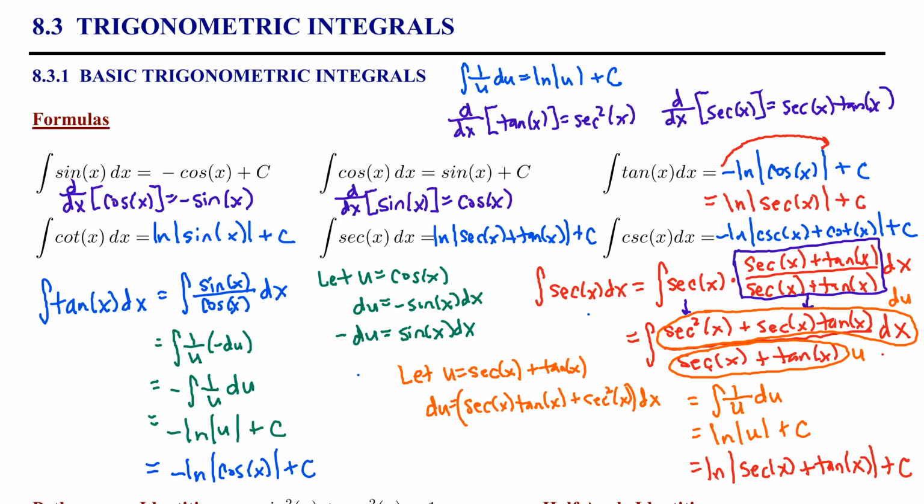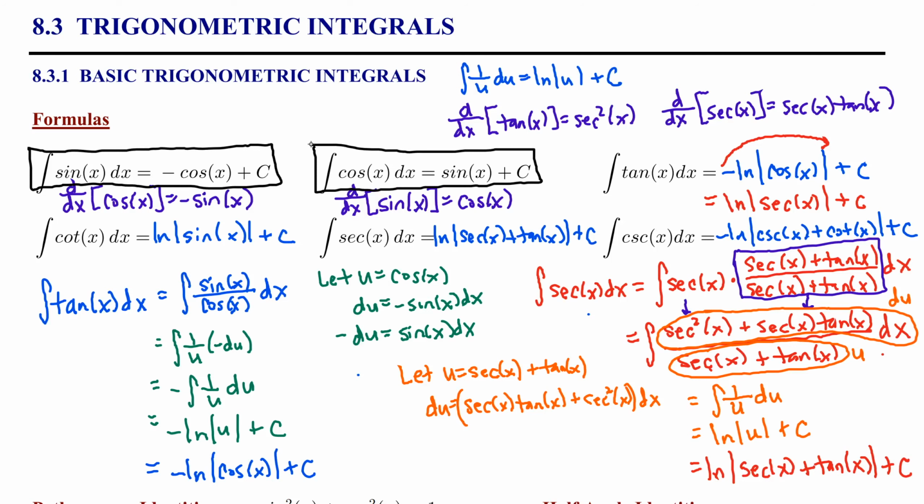Now we do have a lot of information here, so let me highlight what is important. The foundation that we're building here is developing the integral formulas for all of our 6 basic trig functions. So the first one, the integral of sine, is negative cosine of x plus c. The second one, the integral of cosine of x, is sine of x plus c. And of course, as we mentioned earlier, those integral formulas are dependent on our derivative formulas.